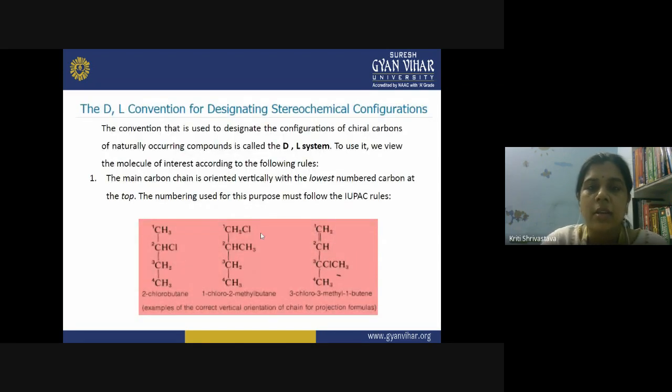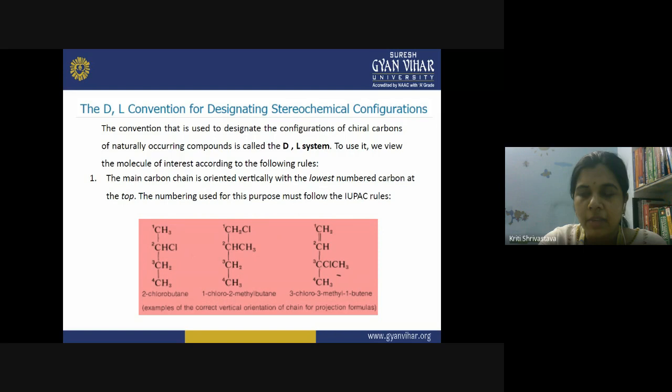The first we will discuss is the DL convention for designating the stereochemical configuration. So what is the DL system? It is the convention that is used to designate the configurations of chiral carbons of naturally occurring compounds.